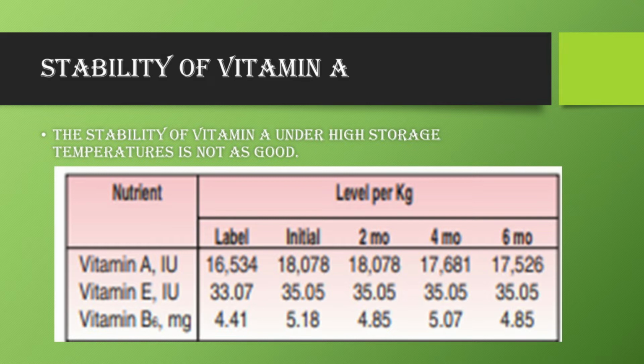The stability of vitamin A in fortified wheat and corn flour is excellent. Wheat flour and yellow corn flour stored under normal conditions retain over 95% of their vitamin A after 6 months at room temperature.